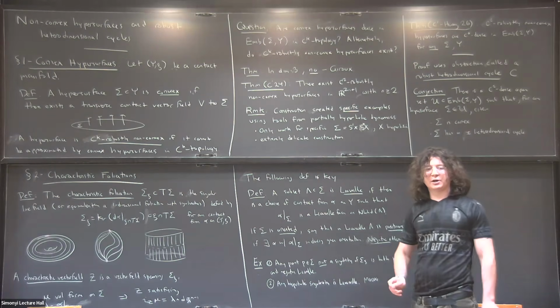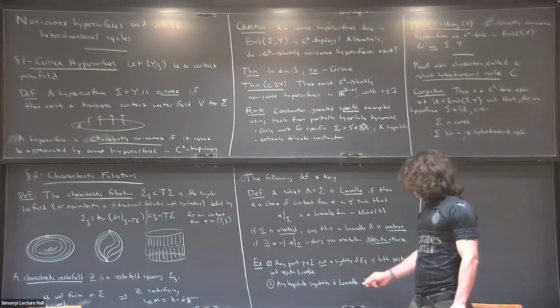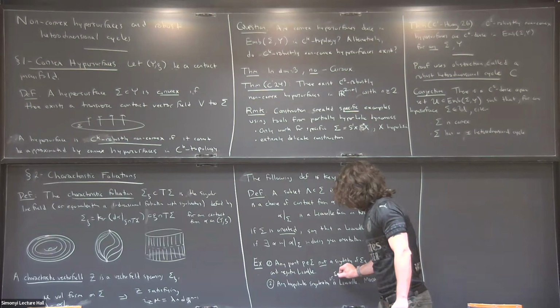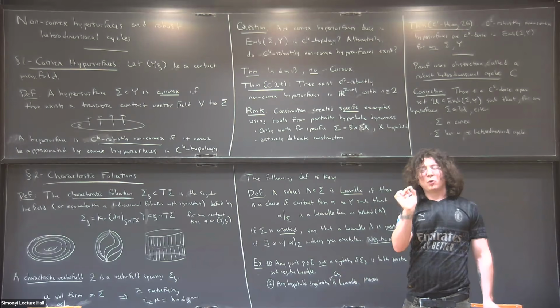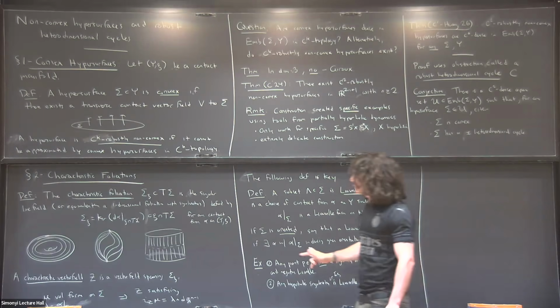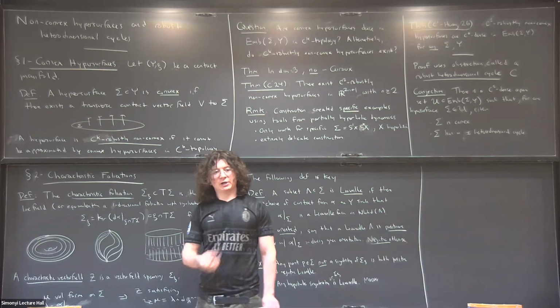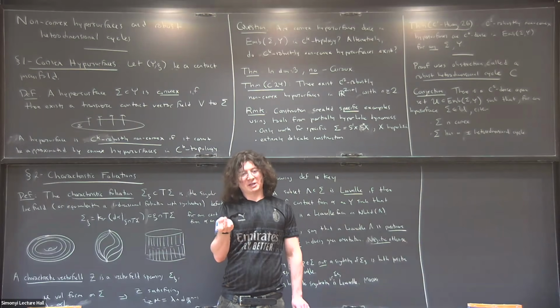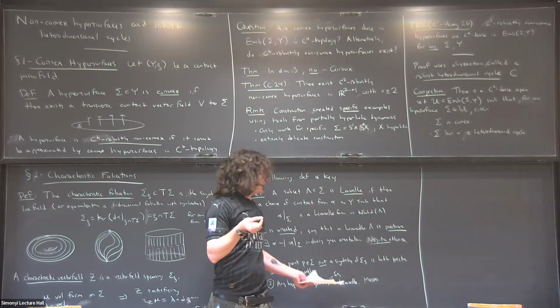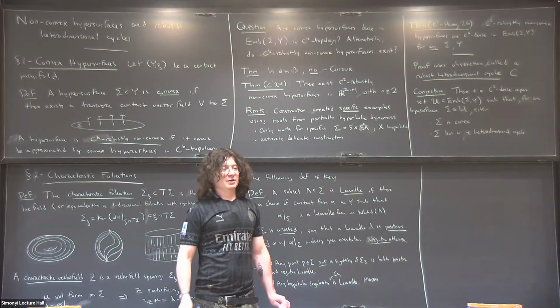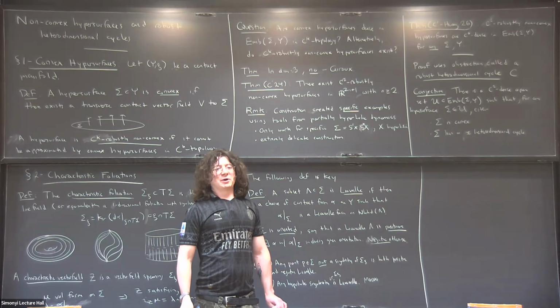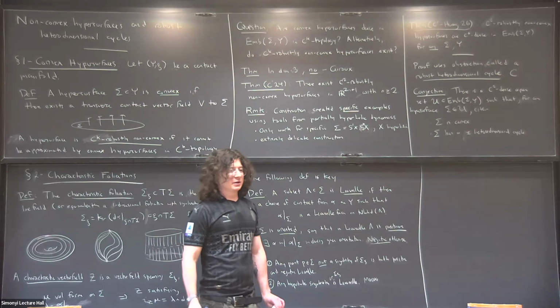It means a singularity of the characteristic foliation. Like I was saying before, you can think of the characteristic foliation as basically a vector field, and a hyperbolic singularity means a hyperbolic zero of that vector field. Like a Morse critical point of the vector field.